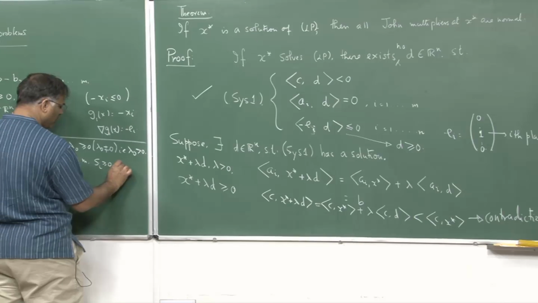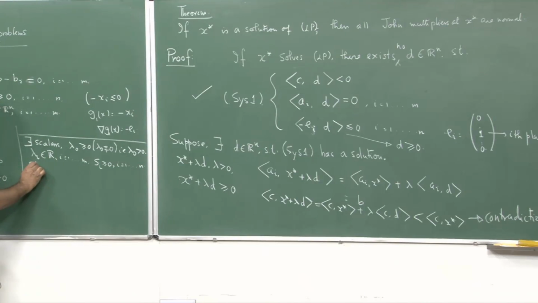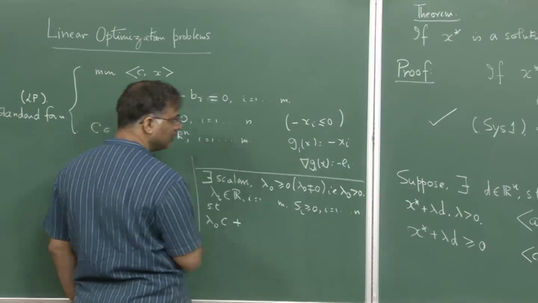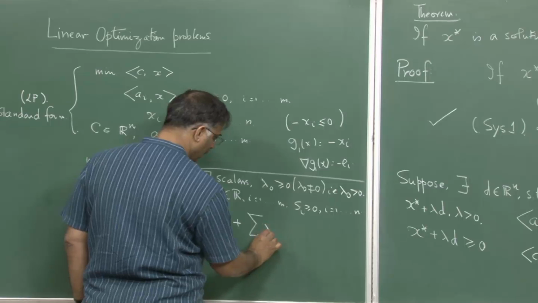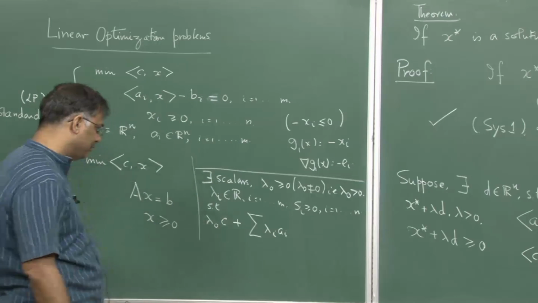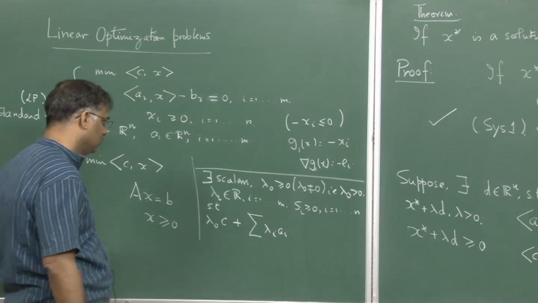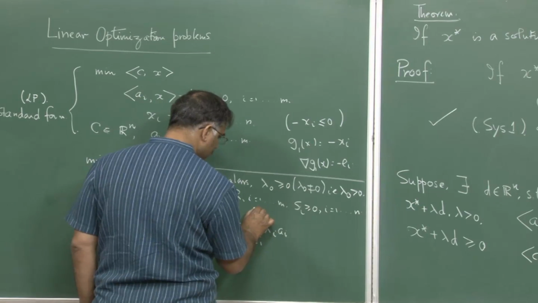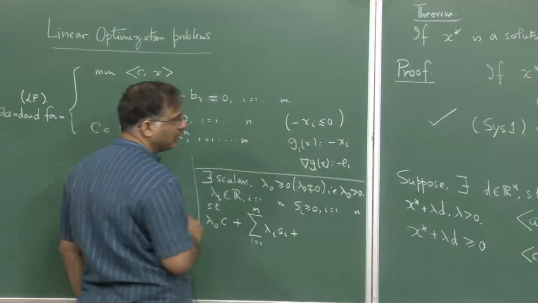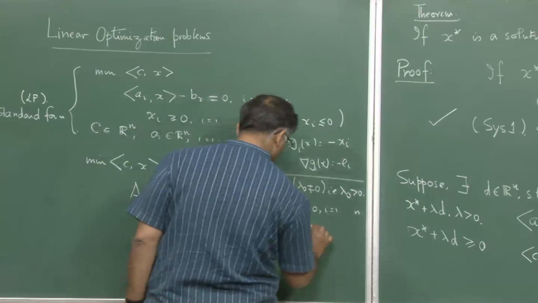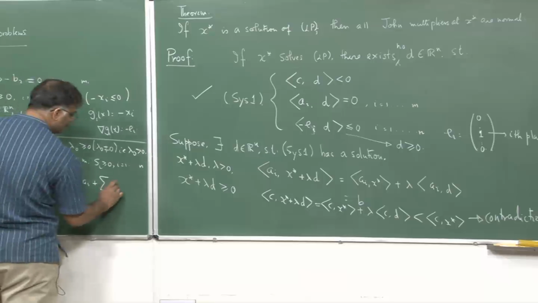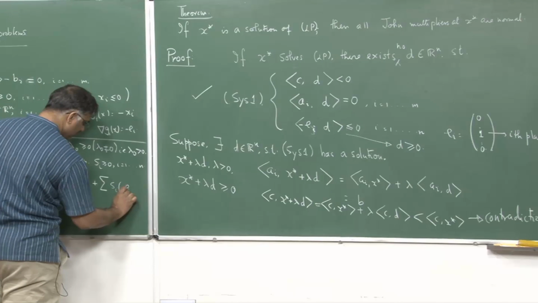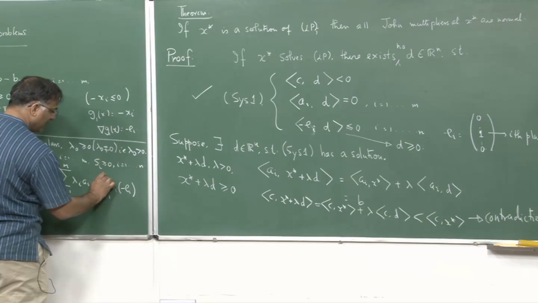So, Si greater than or equal to 0, I equal to 1 to n, such that lambda naught times C plus summation lambda I ai plus Si Ei is equal to 0.